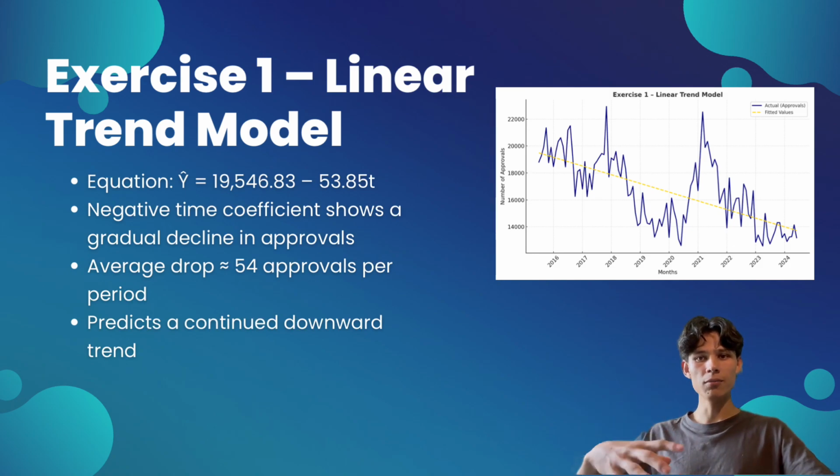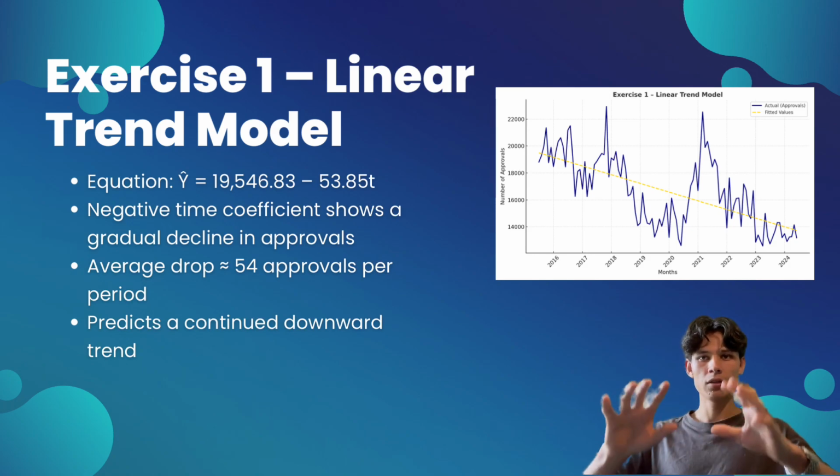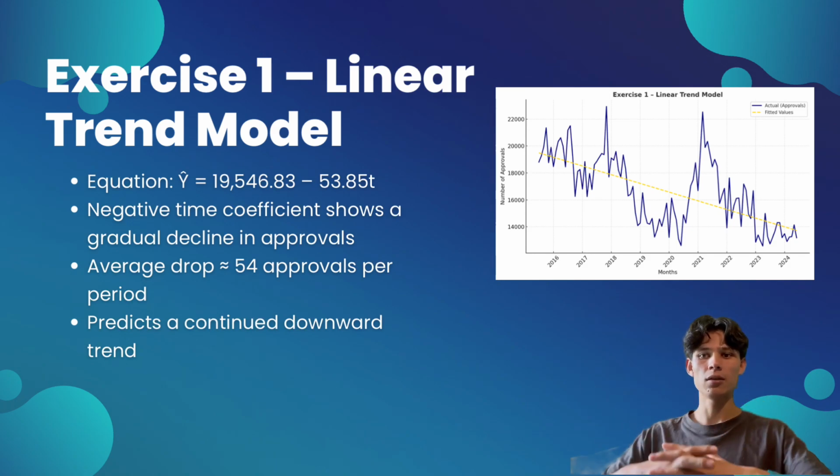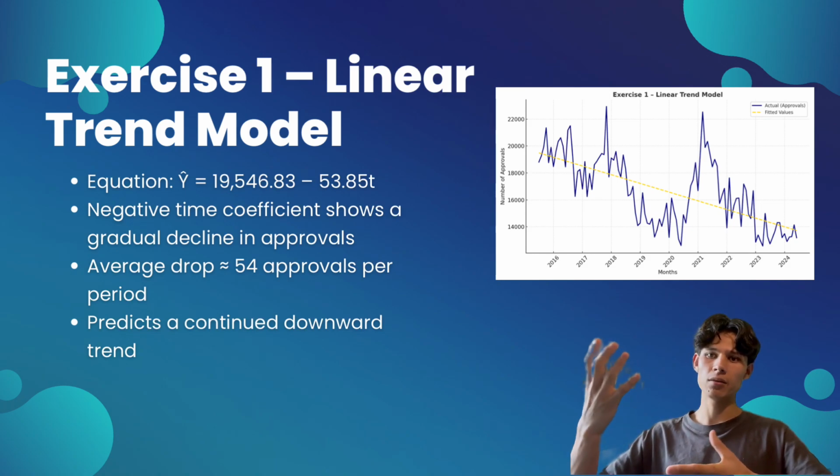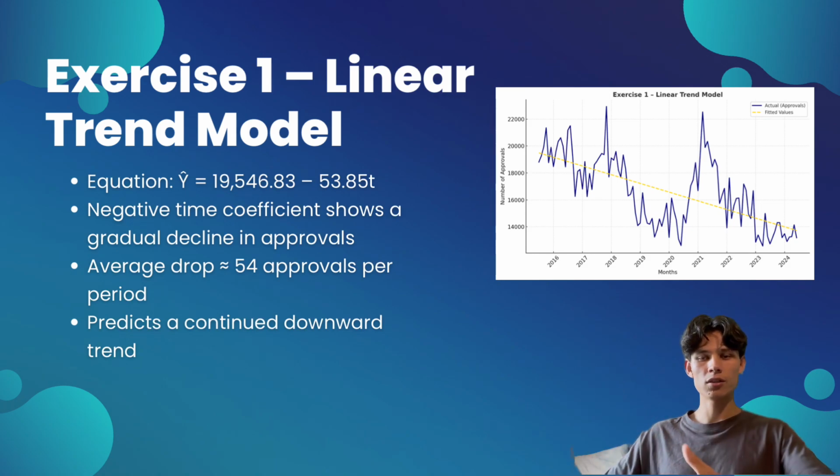The negative time coefficient, negative 53.85, indicates a gradual downward trend, meaning that on average monthly building approvals decreased by about 54 units per period.